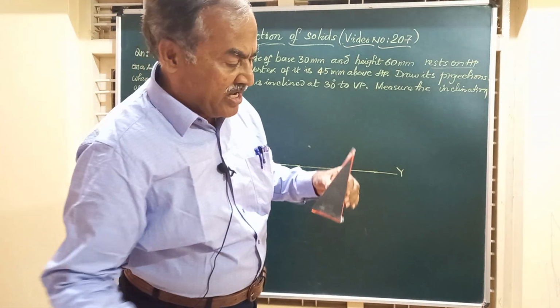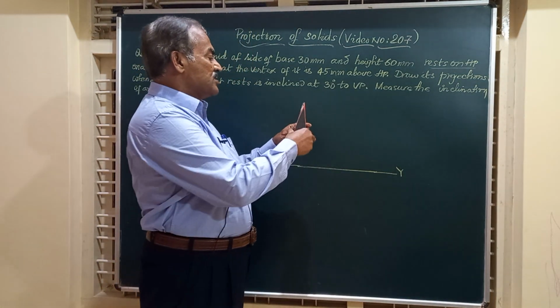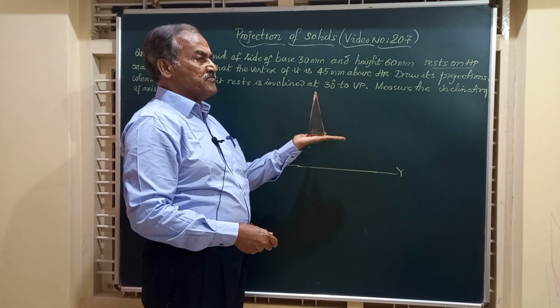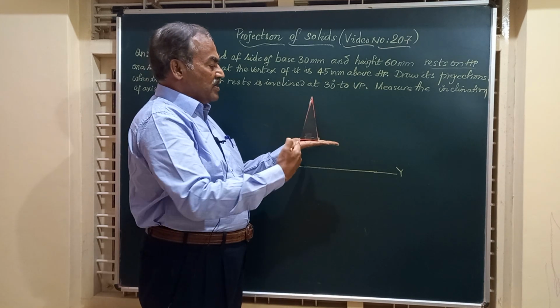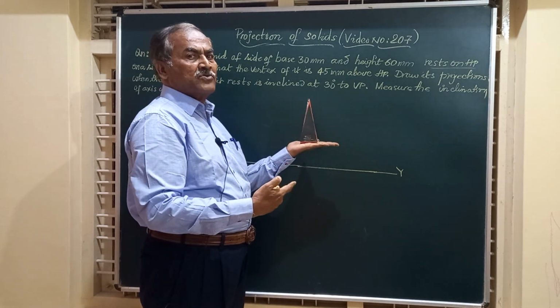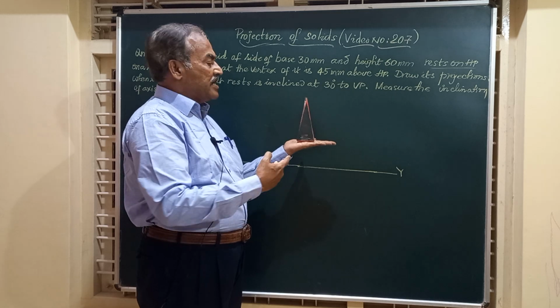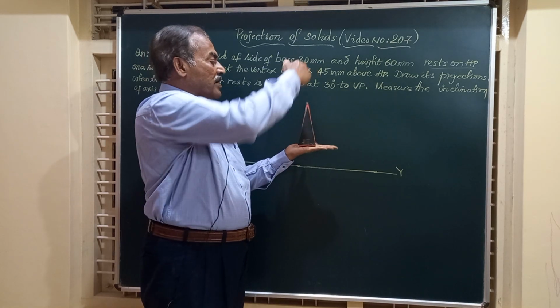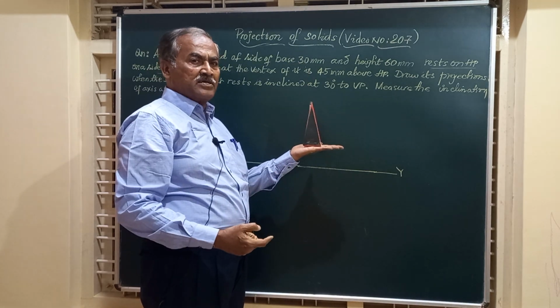Hence, friends, I am going to place this pyramid on HP such that one of the edges is perpendicular to VP and obtain the top and front views of the solid.